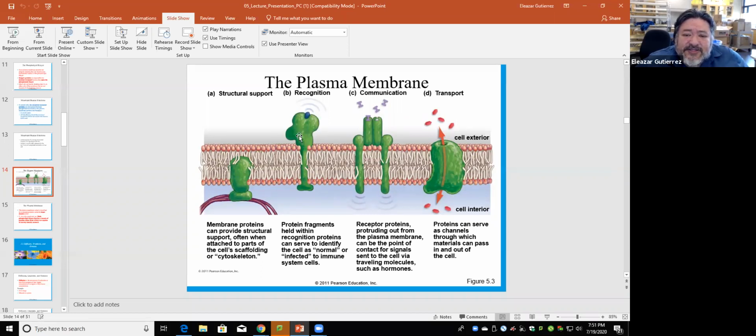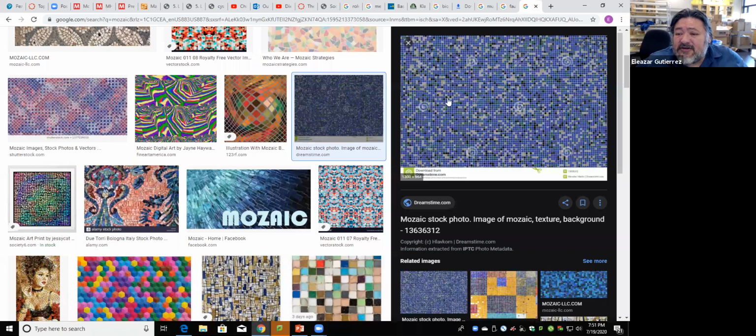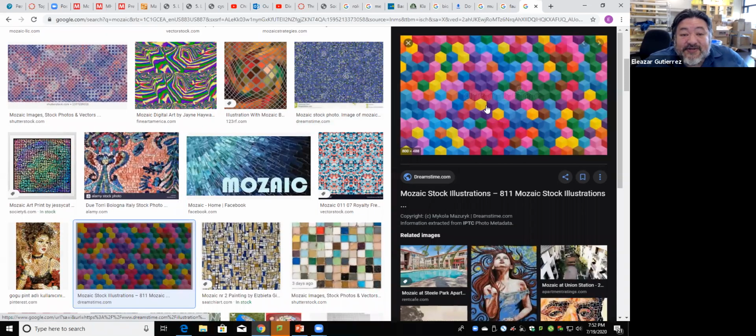So by the time you're done putting all the proteins that you need on the surface of the cell to carry out the function of the cell, you end up with something looking crazy like this. You're like, huh, I don't even see the phospholipid bilayer. All I see is proteins. Yep, that's about right.